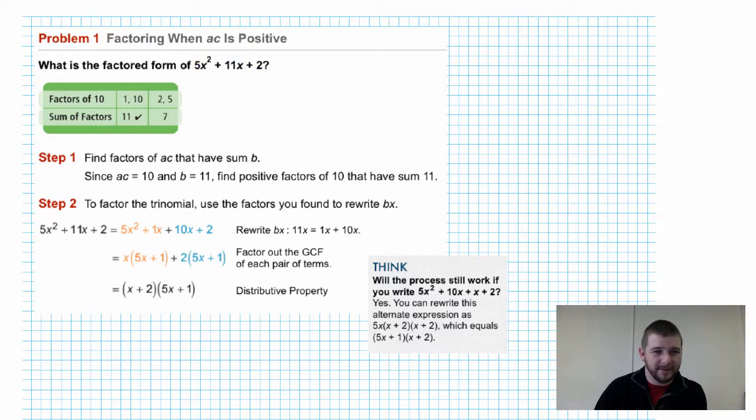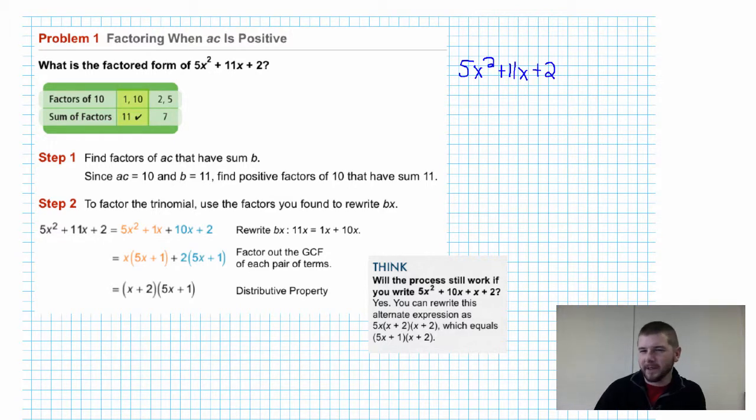And now we consider the sum of those factors because we know that those factors must add up to 11 in order to give us the b value of 11, and 1 and 10 will accomplish that task for us.